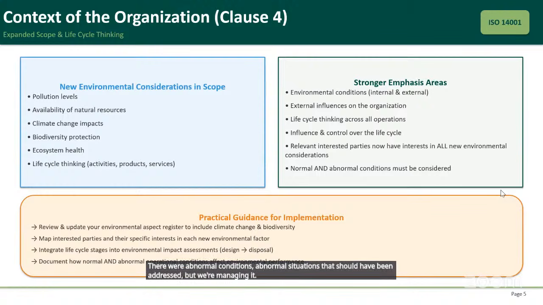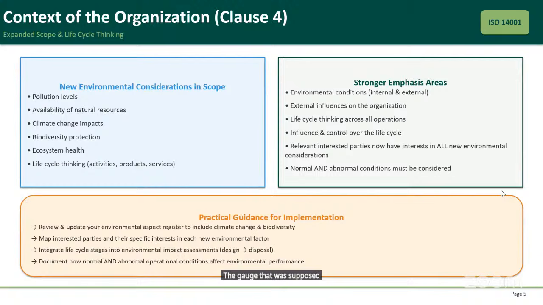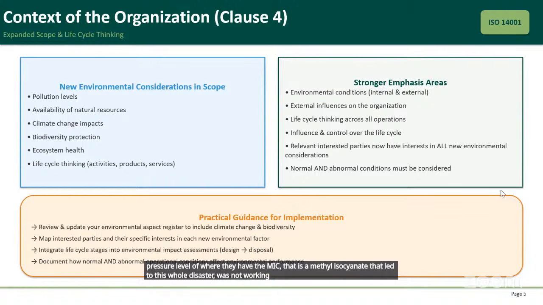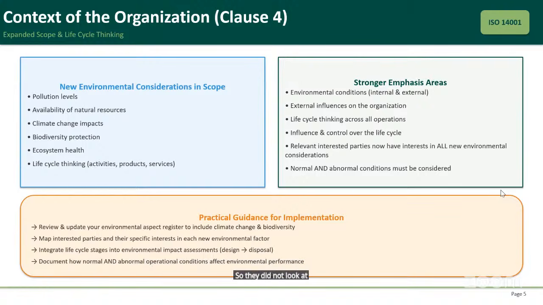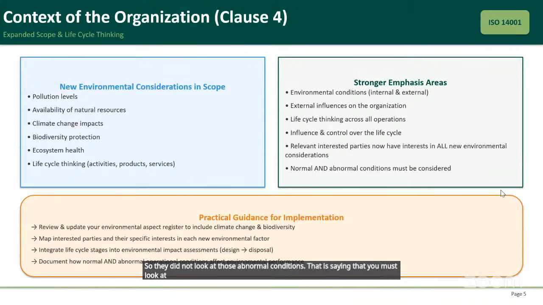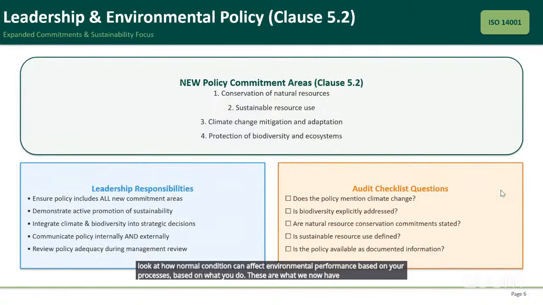The gauge that was supposed to monitor the pressure level where they had the MIC, that is methyl isocyanate, that led to this whole disaster, was not working properly. So they did not look at those abnormal conditions. That's why the new standard is saying that you must look at how normal and abnormal operation conditions can affect environmental performance based on your processes, based on what you do. These are what we have now emphasized.